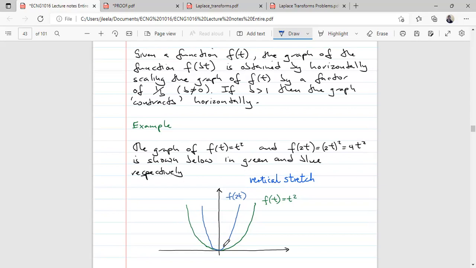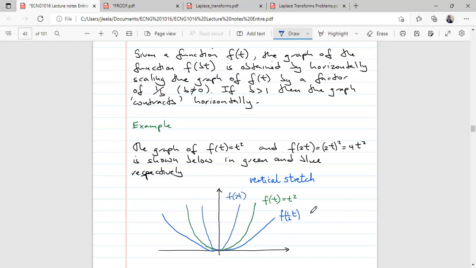Now, if the value in front of the t was greater than 0 but less than 1, if it was a fraction, you would have the opposite happening, right? So what will happen? It would be a vertical compression, basically. It will be something like this. It will come out more here on the outside, right? So if this was not 2, let me say it was something like f of a half t, something like that, right?